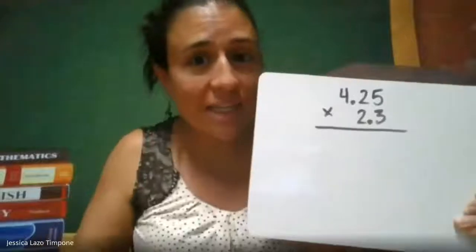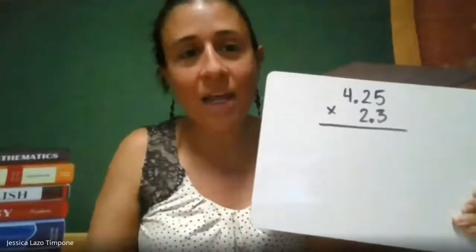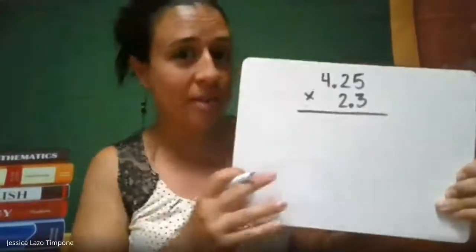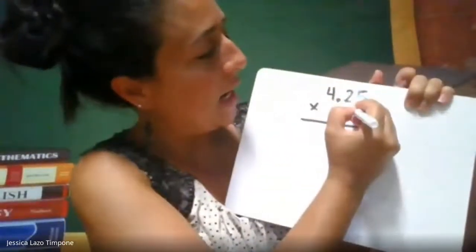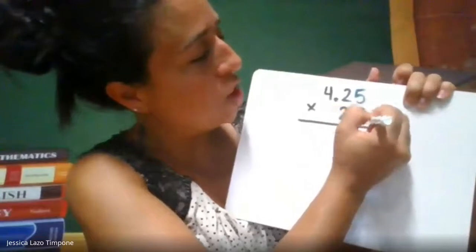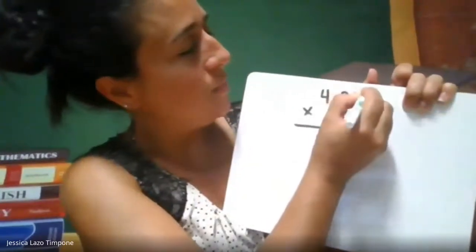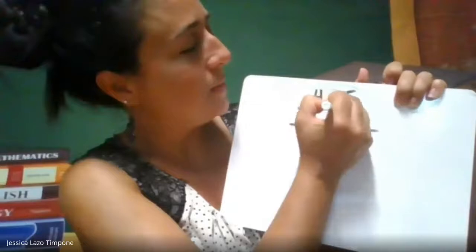One of the first things that I do is I use something that's called turtle multiplication to help organize my multiplication. So I make a turtle head like this.